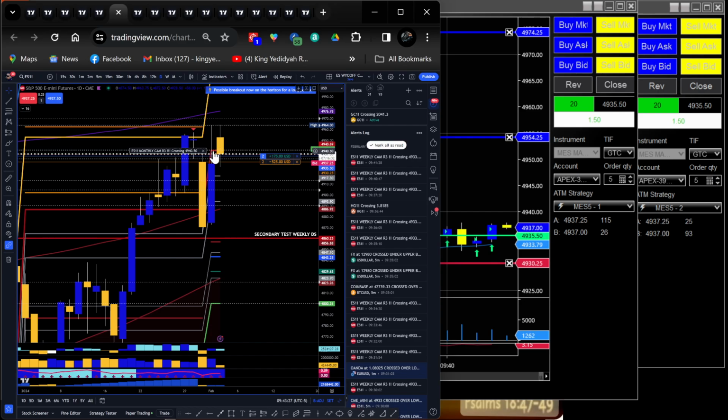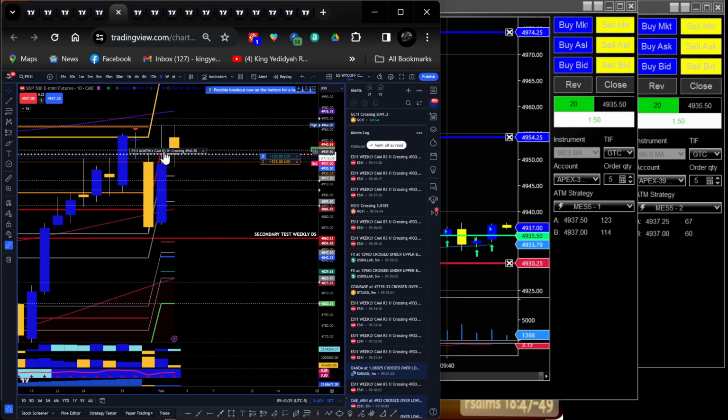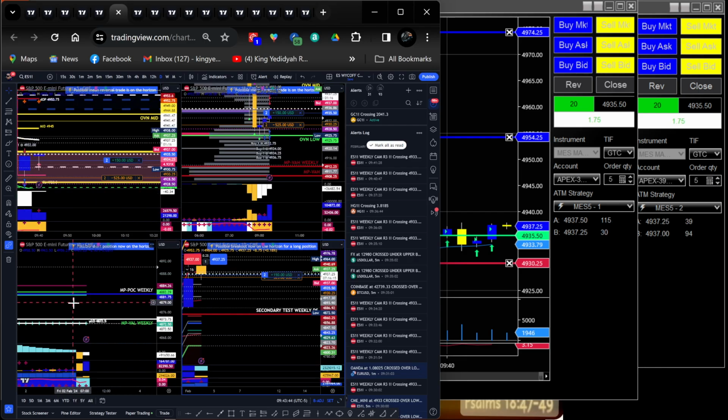Right, so that red line right there on the monthly chart, that's monthly cam R3. So we're pushing up here now. We gotta run into that at 49.40, and let's see how we do up there. Let's see if we're getting rejection off of that level, or we're gonna break above that level.